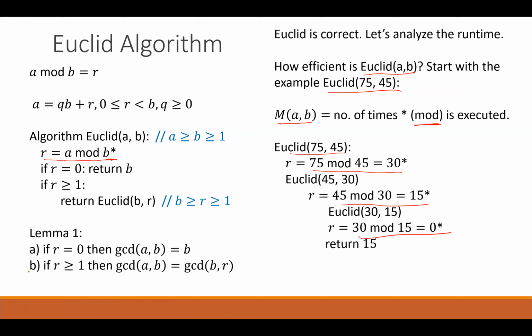So this MAB for 75 and 45 is equal to 3, right? So I made 3 calls to this mod function, which is in some sense the number of recursive calls that I make.